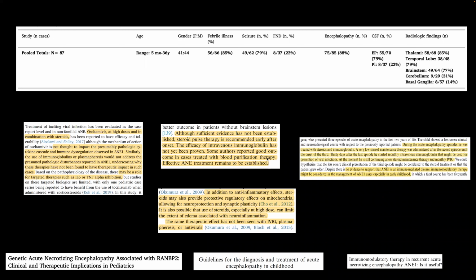Dr. Juhi, I just want to make a small comment. This is Dr. Prerna. I have a 7-year-old girl who presented to me with her 4th episode of acute encephalopathy following febrile illness, with this symmetrical concentric pattern in the bilateral thalami. Even for her, the RANBP2 was a variant of unknown significance, autosomal dominant heterozygous. But during the acute episode, we used IV tocilizumab, and that seemed to work quite well for her.